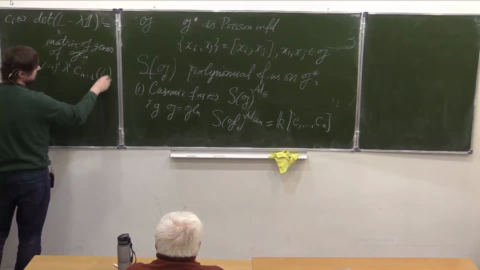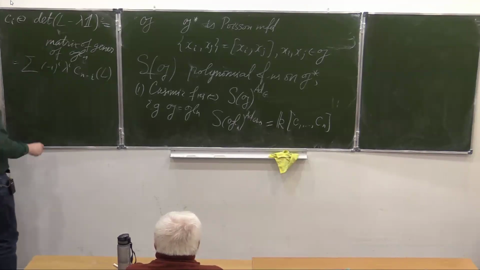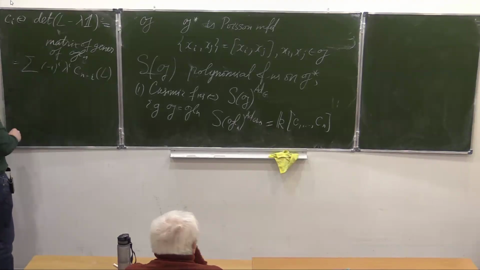So these are polynomials in terms of the matrix elements of this universal generators matrix, right? Any questions? Okay, but this is pretty well known.